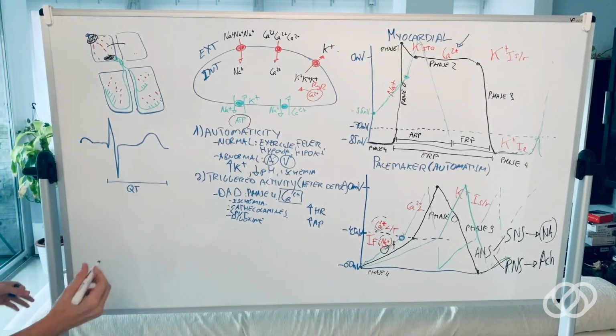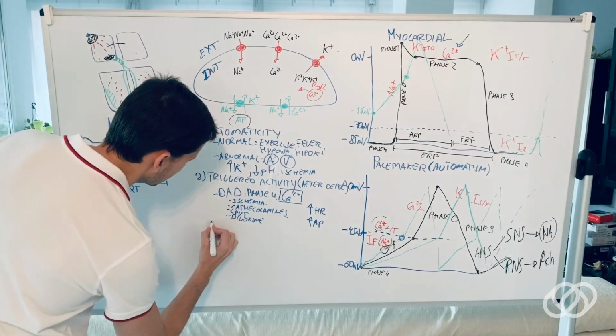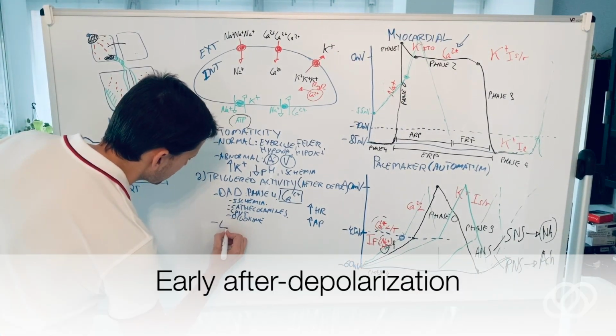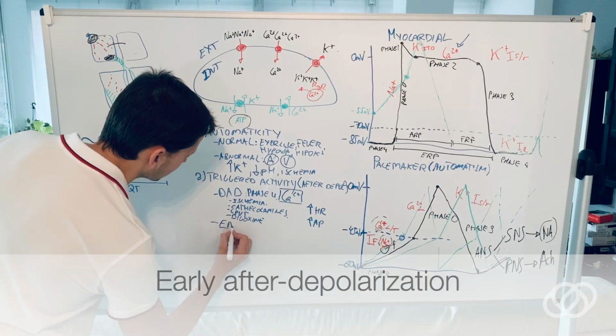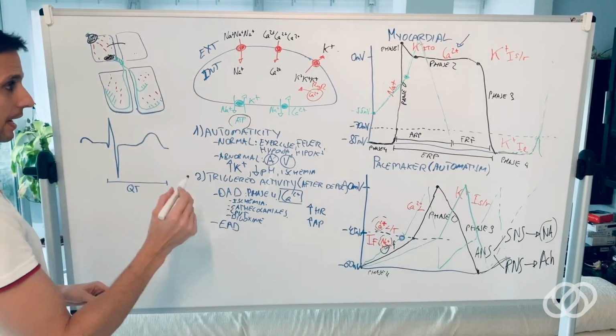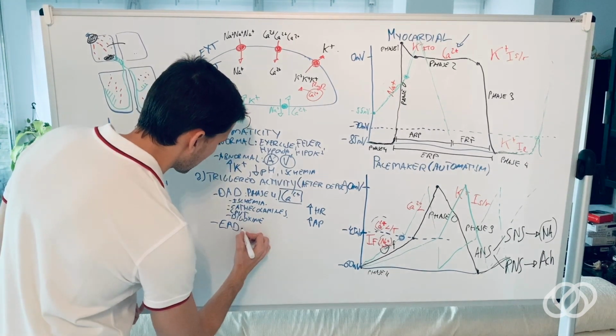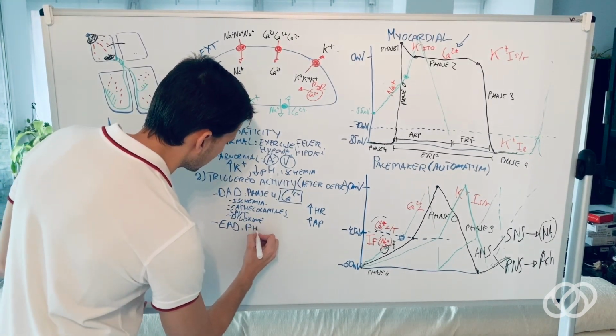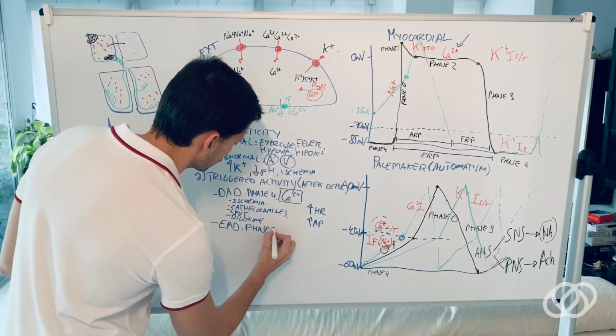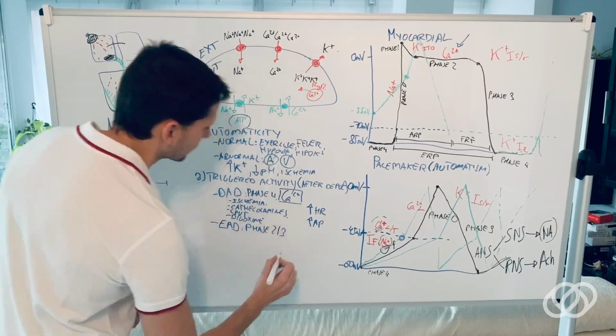Okay, so let's go for the next one. We can also have what is called the early after depolarization. Early after depolarization usually happens in phase 2 or phase 3.